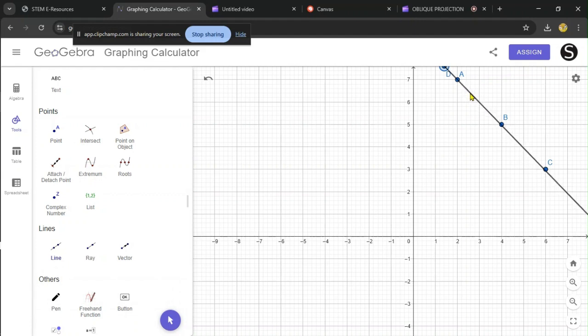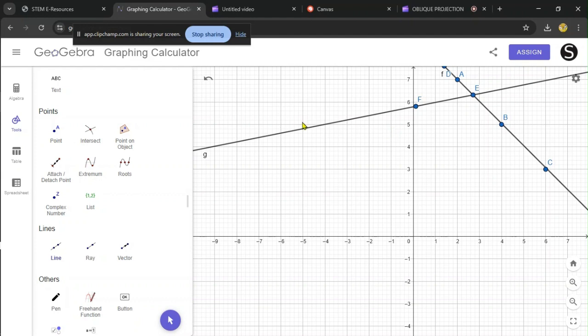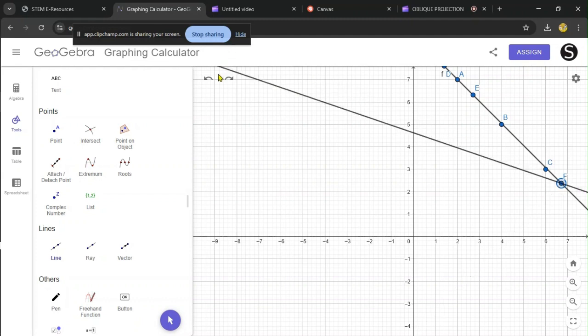I hope it is very accurate, very accurate, passing through the points, and it shouldn't be there.